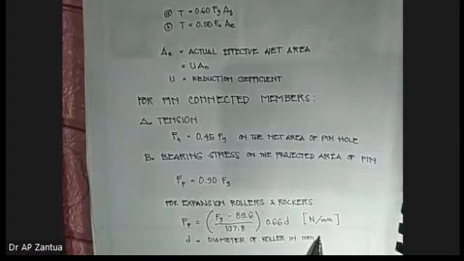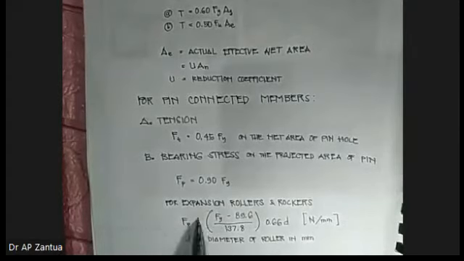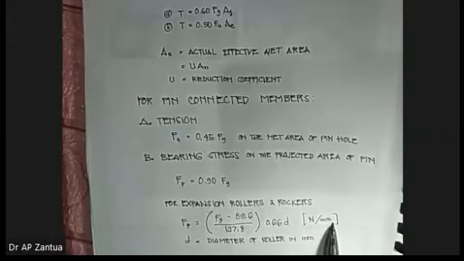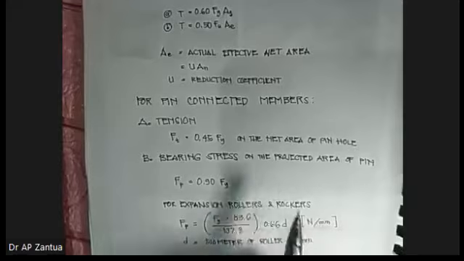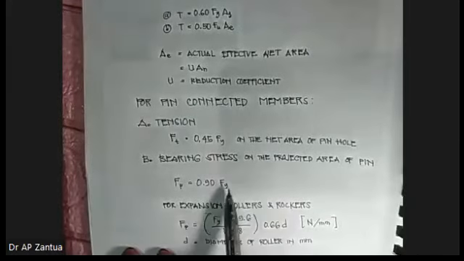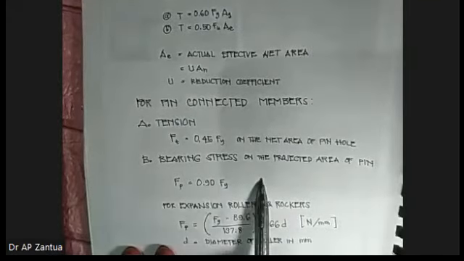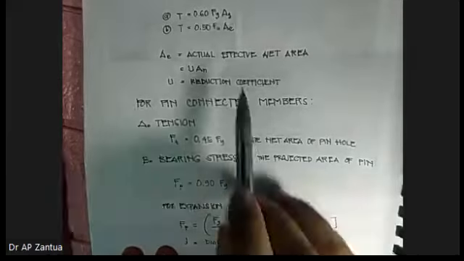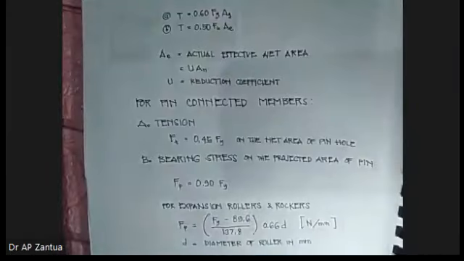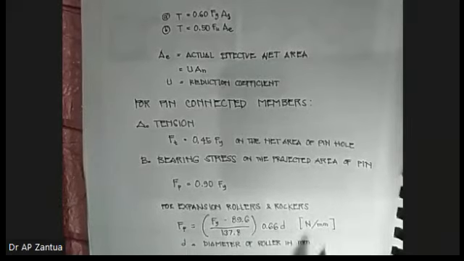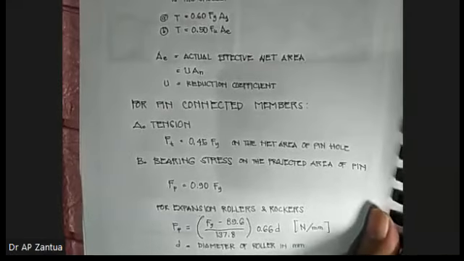So the unit of bearing stress is Newton per millimeter. Everybody else is Newton per square millimeter, only this one is Newton per millimeter. There is no square. Take note. Okay, so let us proceed further.